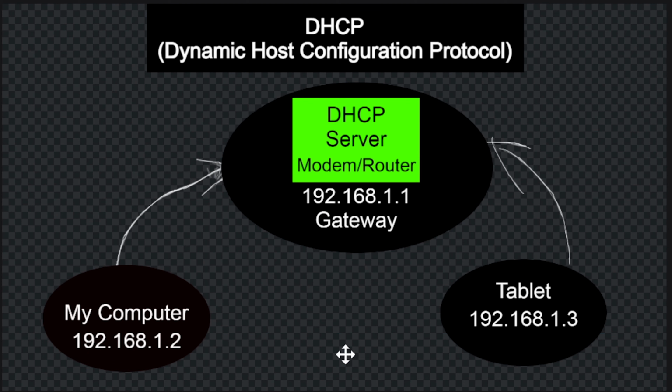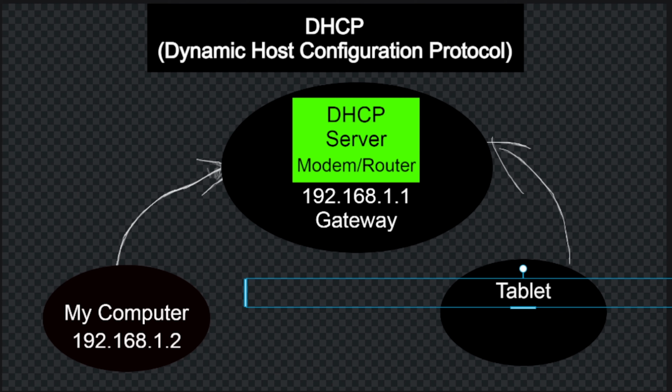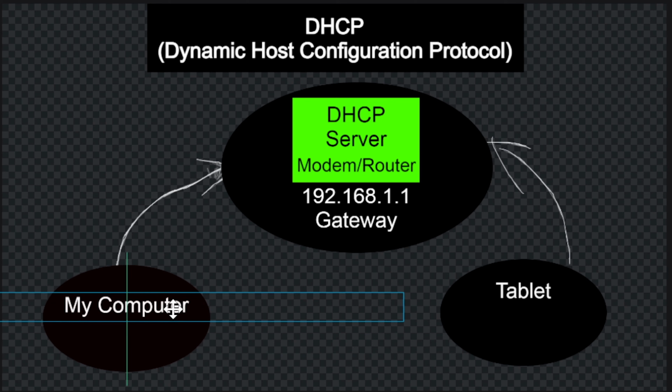So that's great. Now, if we happen to disconnect both of these computers from the network, for example, I just delete, they suddenly lose an IP address, right? They are now disconnected. My computer and tablet are disconnected.